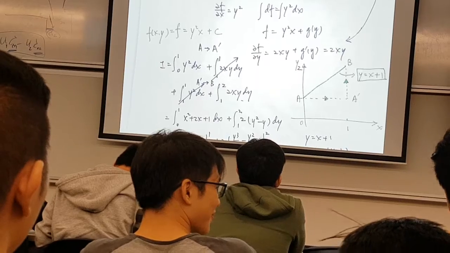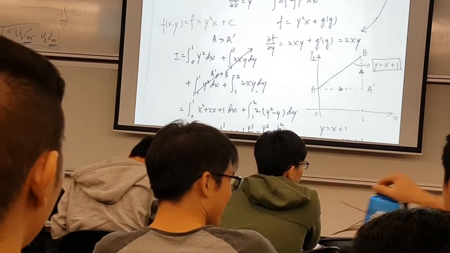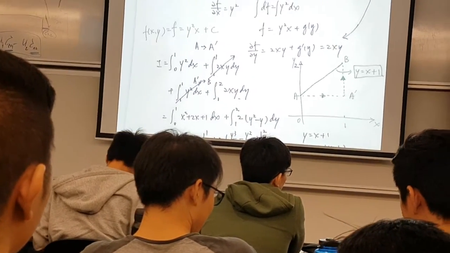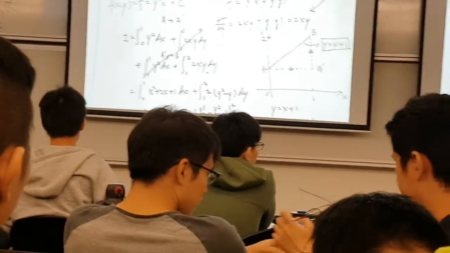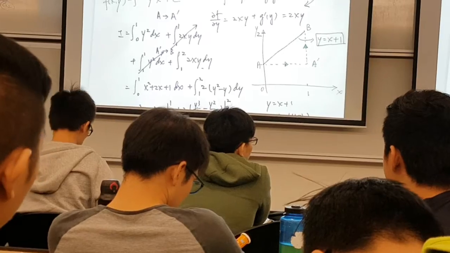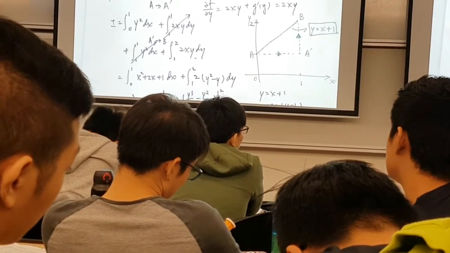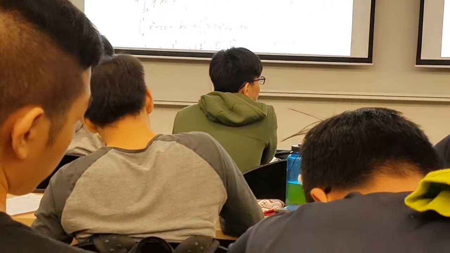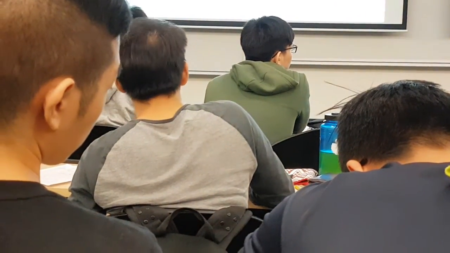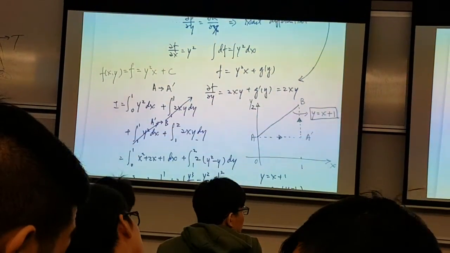Okay, so you have 1/3 plus 1 plus 1, plus 2 times, so if you have y cubed for 2 it is 8 over 3 minus 2, right? Because y squared divided by 2, so it becomes 2, and then this will be minus 1/3 plus half.